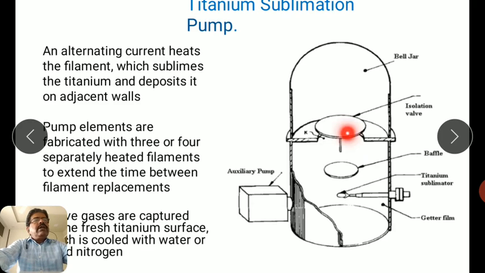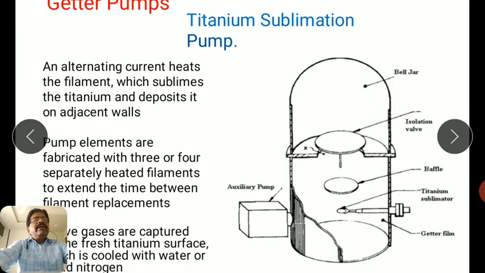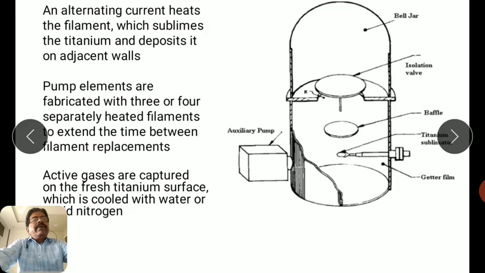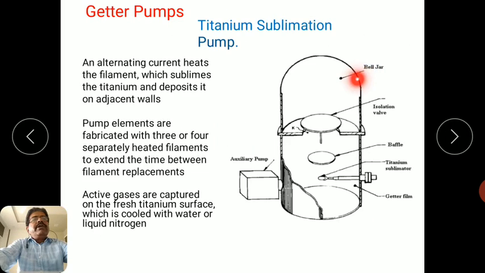So this is the isolation valve, and this is the space where initially you have to create a certain low pressure, and this is the auxiliary pump. And there is a cooling mechanism, such as water cooling or liquid nitrogen coolant, circulated on the walls of this titanium sublimation pump.